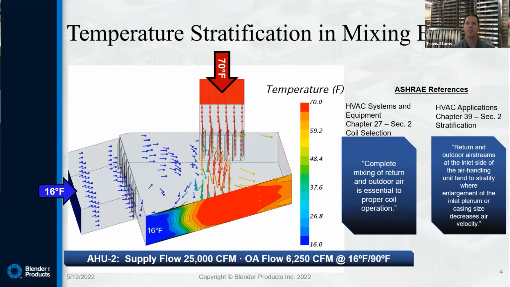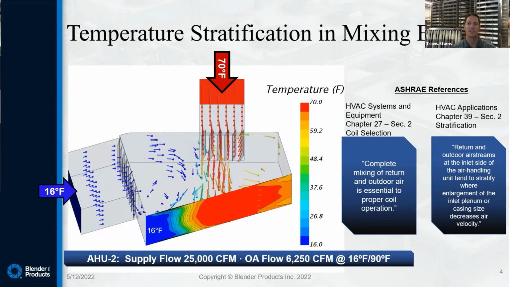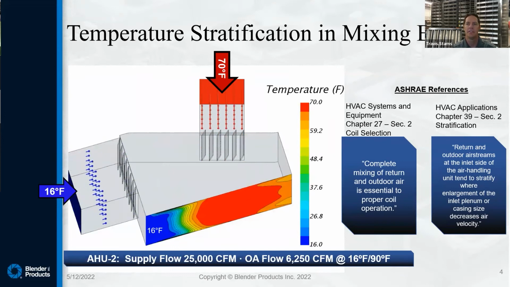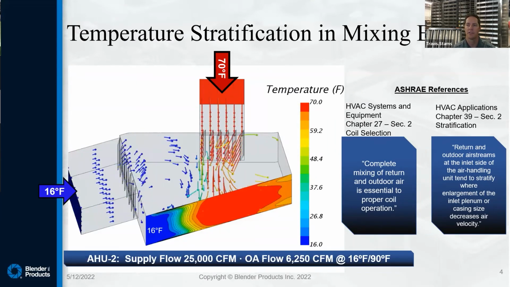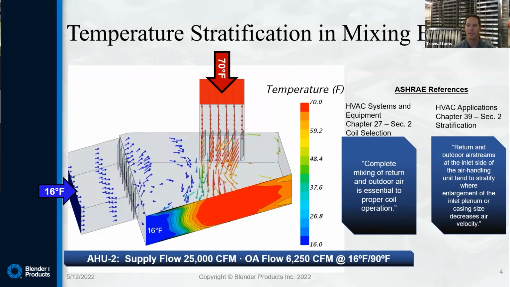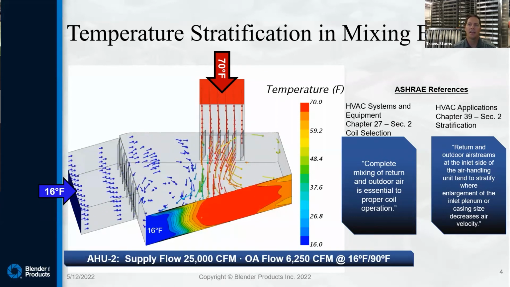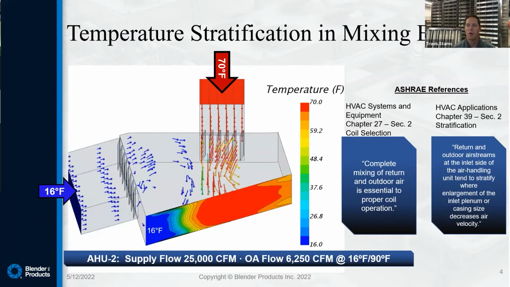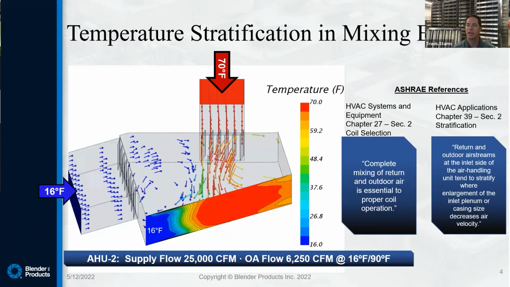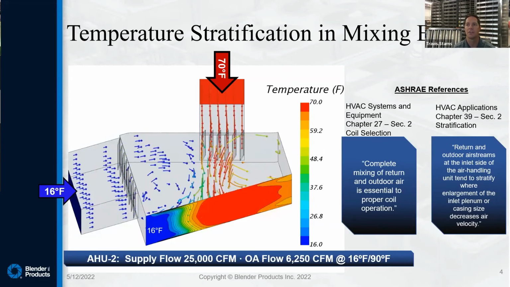I actually think the value proposition for mixing technologies is a little bit stronger on side entry units, and the reason for that is typically you can save a greater distance with our channel blender technology, and we'll get into why that is. But you can see here, getting that outdoor air across that plenum, with an aspect ratio where the height is a lot less than the width, is difficult to achieve.